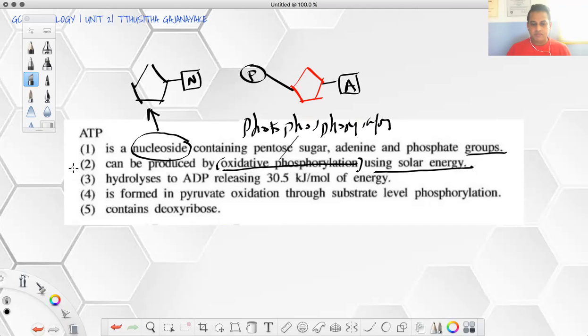But I think if we are sharp with this number, hydrolysis to ADP releasing 30 kilojoule per mole is the correct answer. Hydrolysis can yield 30 kilojoule.